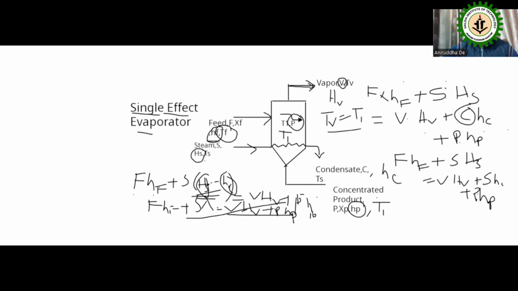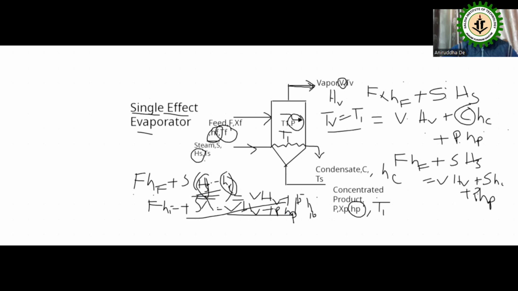But whenever any food material is boiled at 100 degrees centigrade, the nutritional material can be destroyed. So to keep the nutritional ingredients intact and to increase the quality attributes of the food material, we have to reduce the temperature.